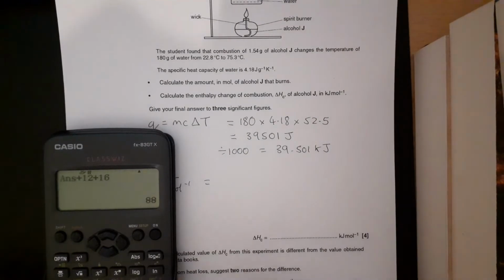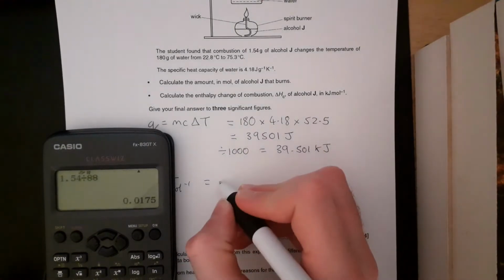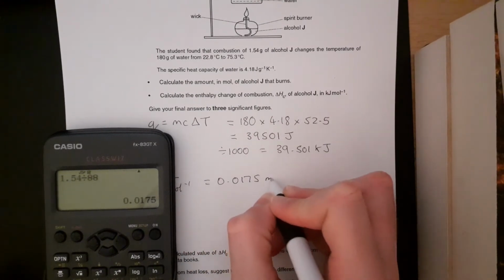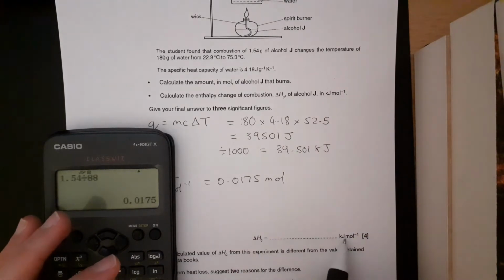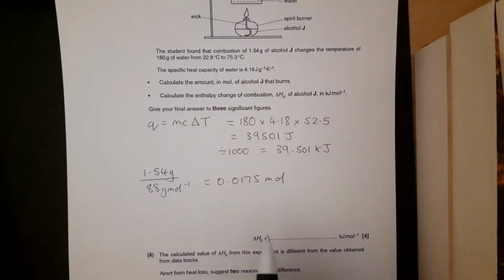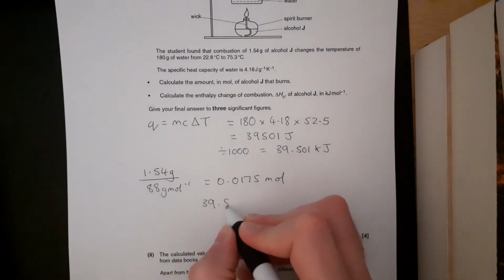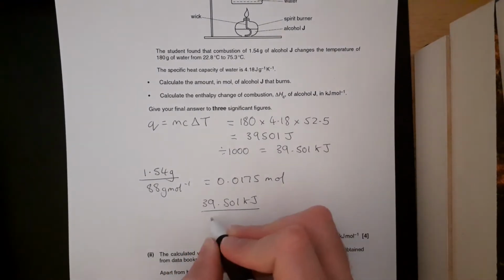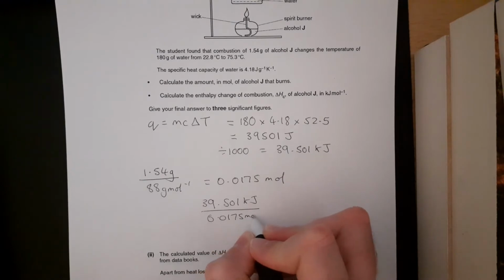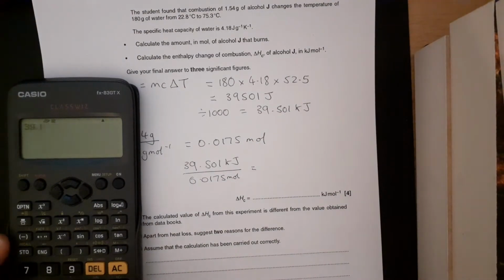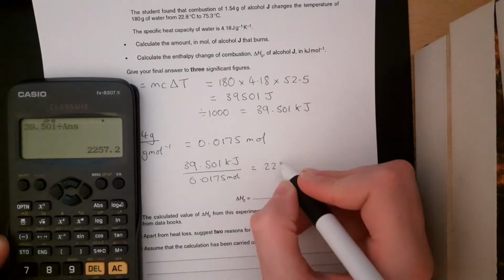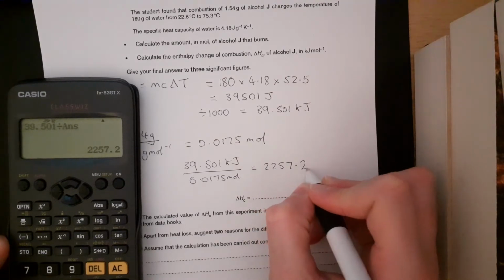So let's have a go at that. 1.54 divided by 88 is 0.0175 moles. Okay, and now we're going to do kilojoules divided by moles to get it into kilojoules per mole. And we get 2257.2.